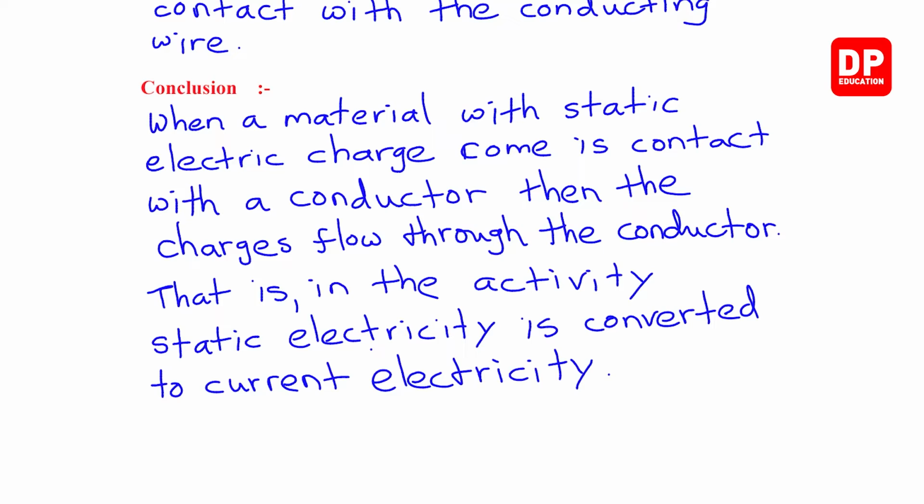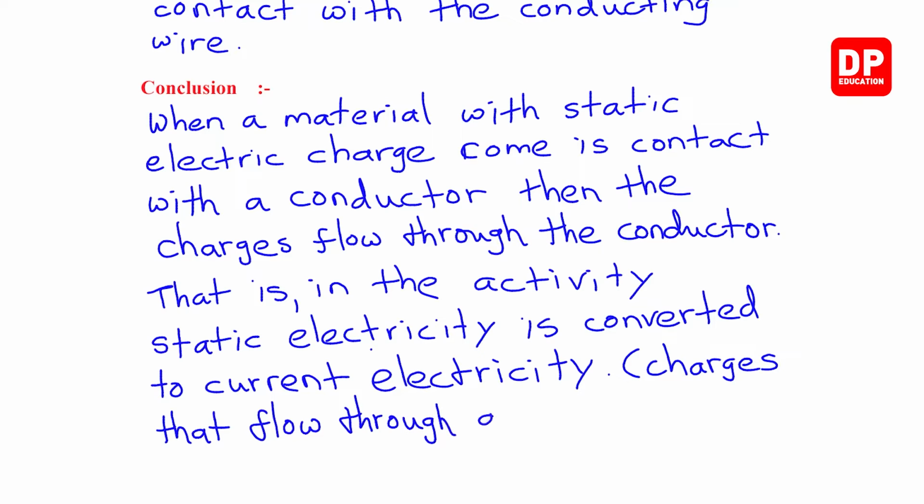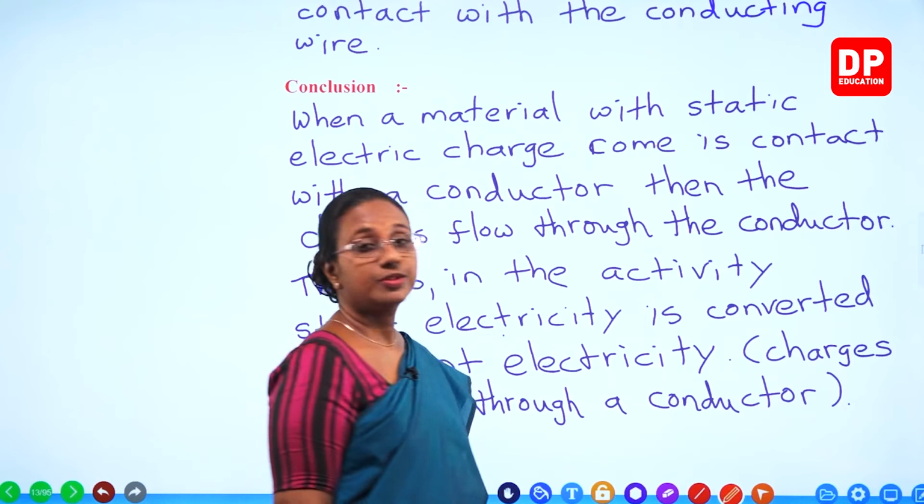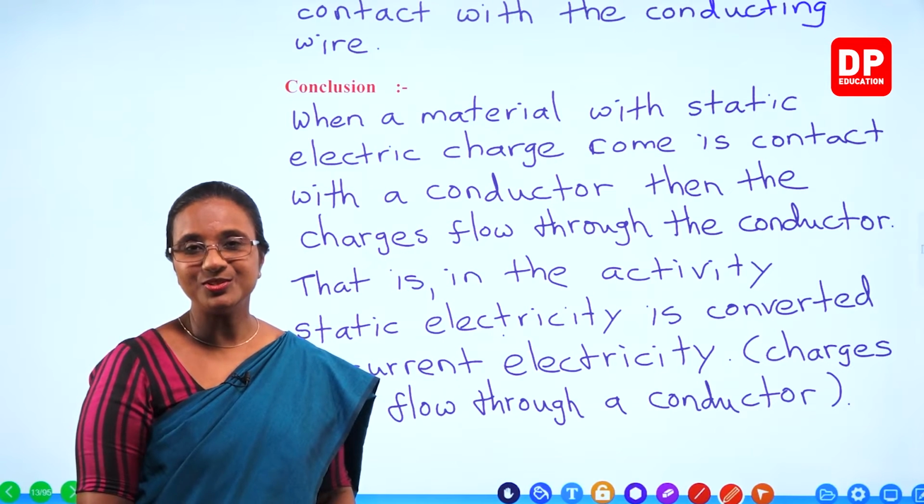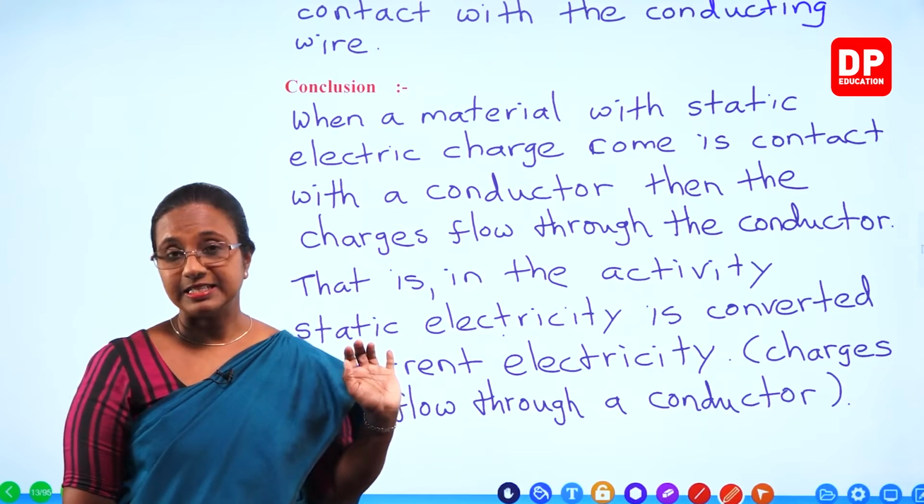What is current electricity? Charges that flow through a conductor. So that is what you were able to see from the activity.